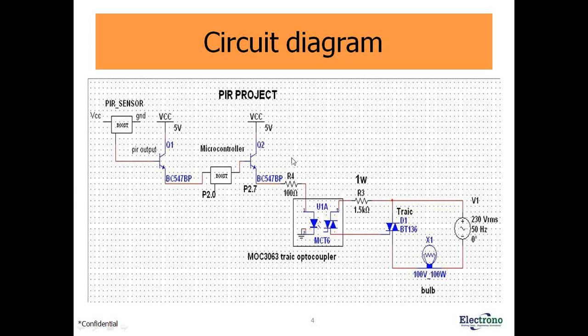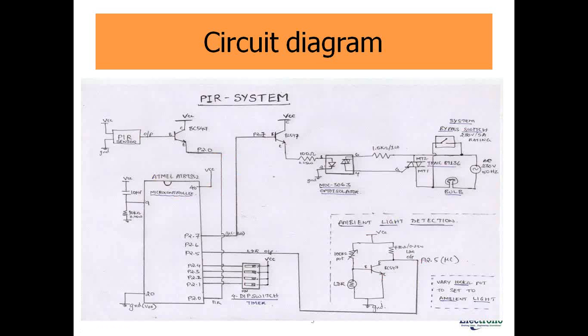From the microcontroller, we have used a transistor to increase the current for the optocoupler. This is a triac, and once the triac is triggered, it will connect 230 volts to the bulb. So here you can see a PIR.